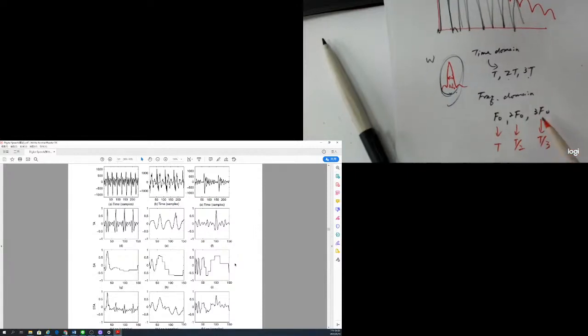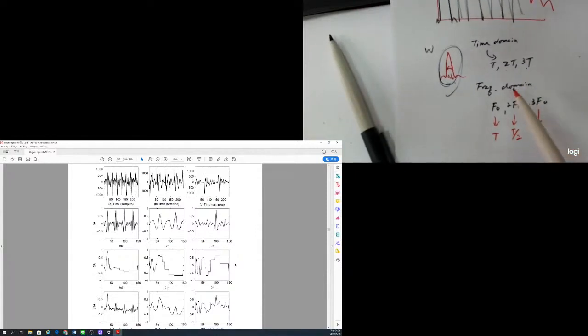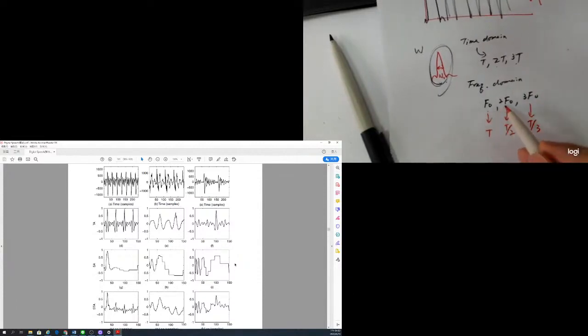In the frequency domain, it is similar to the time domain: we try to find the periodic signal from the waveform and also model the pitch harmonic information. Most of the time you find f0, 2f0, and 3f0.